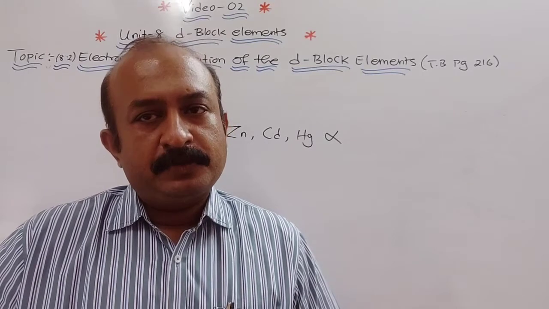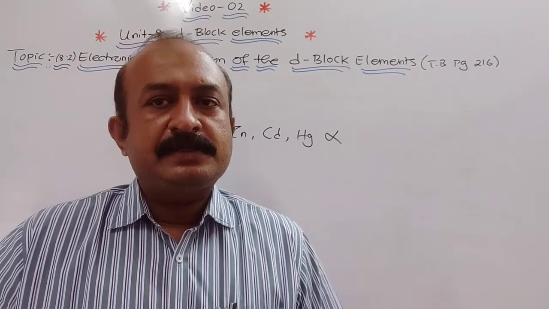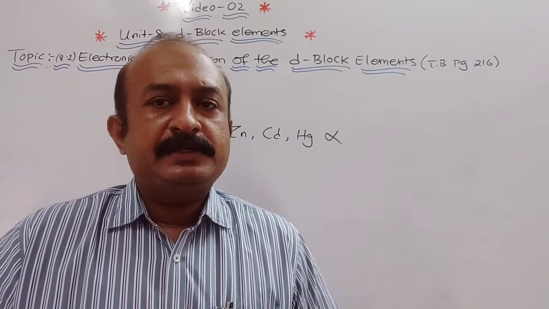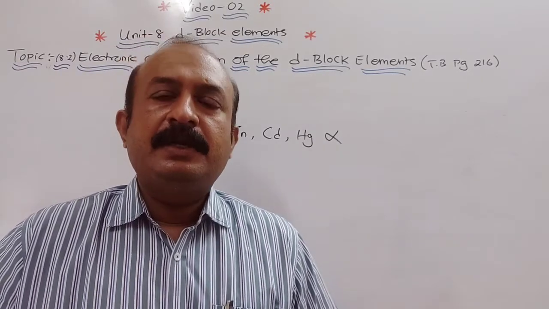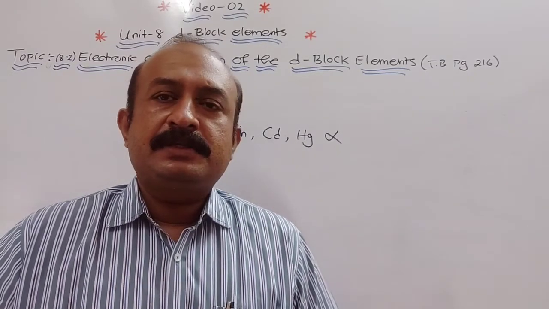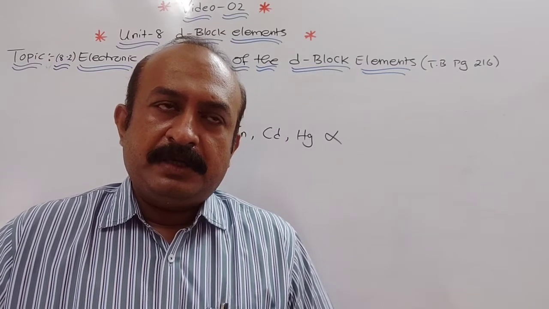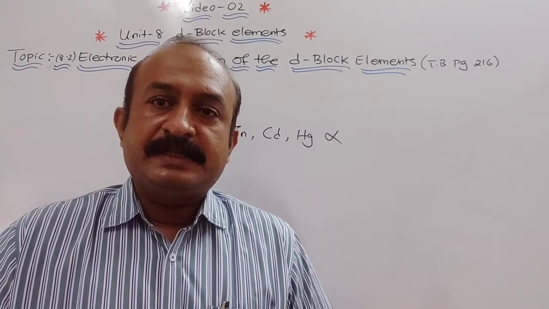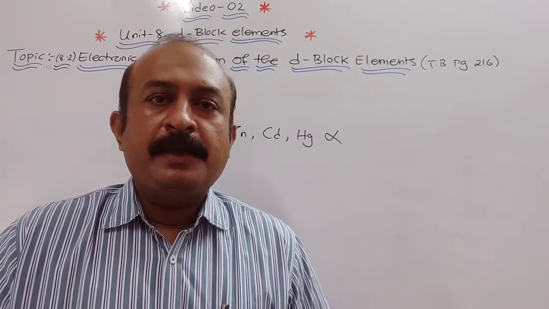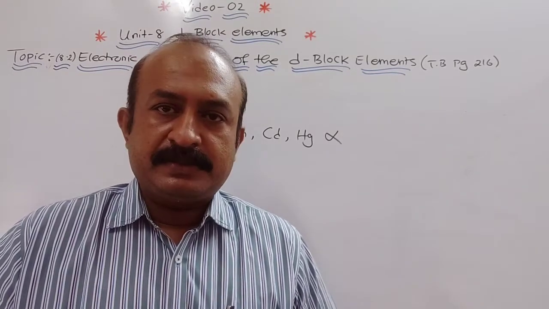First transition series is 4th period, so it is 3d 4s. Second transition series is 5th period, so it is 4d 5s. Third transition series means 6th period, so it is 5d 6s, a little mistake is there. Then the 4th transition series, that is 7th period, means 6d 7s.